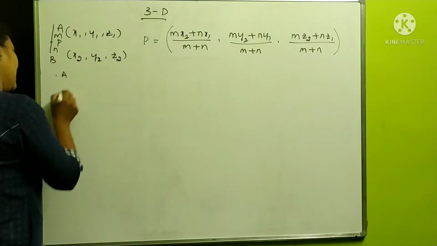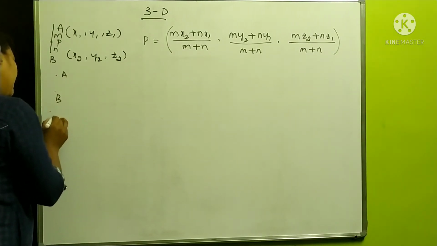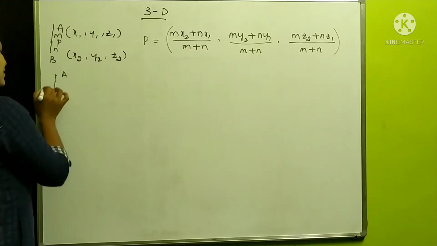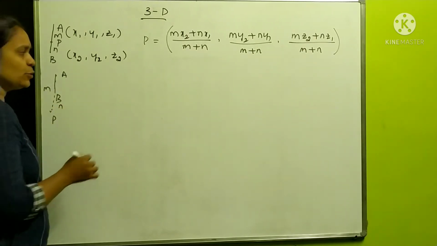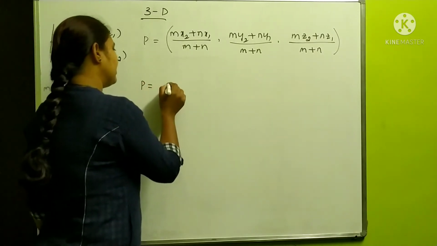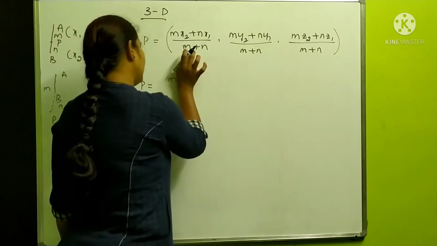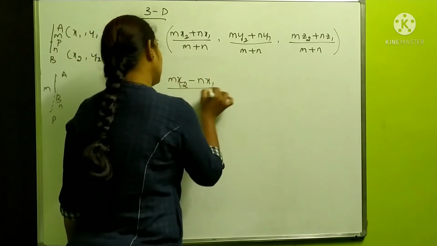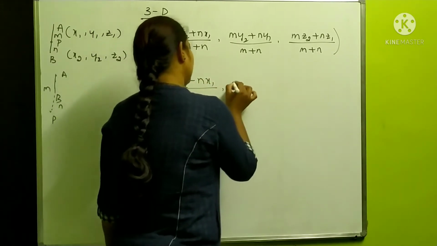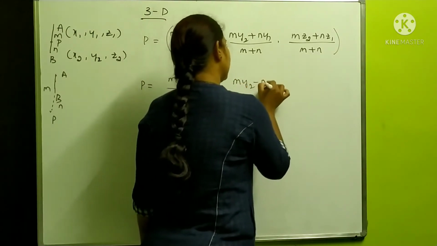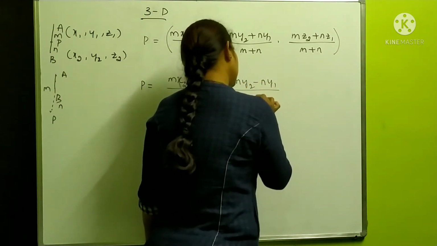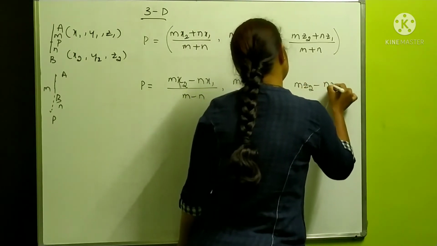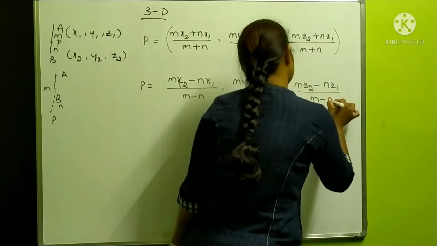Suppose A and B are points, and P divides AB externally in the ratio m is to n. Then P is given by (mx2 minus nx1) by (m minus n), (my2 minus ny1) by (m minus n), and (mz2 minus nz1) by (m minus n).